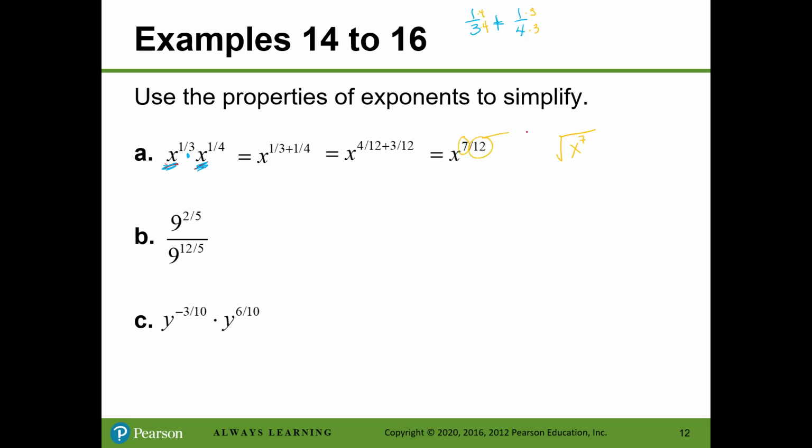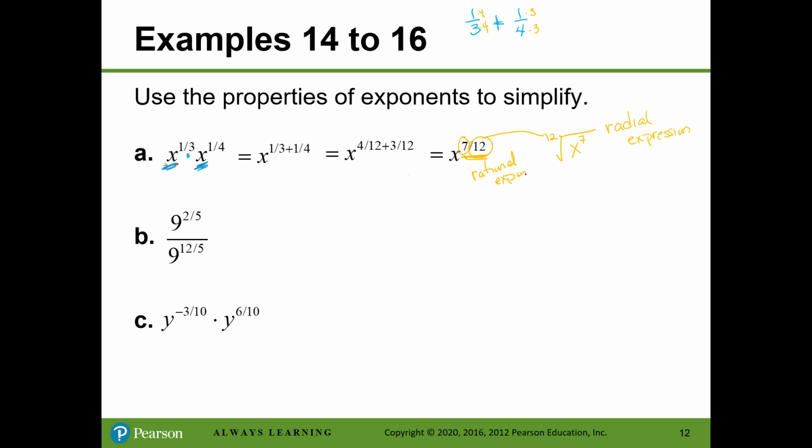What's the 12? That's right, it's the root. So they may ask you to write it using a radical. So just watch the directions. They will tell you if they want it left as a rational exponent or if they want it written as a radical expression.